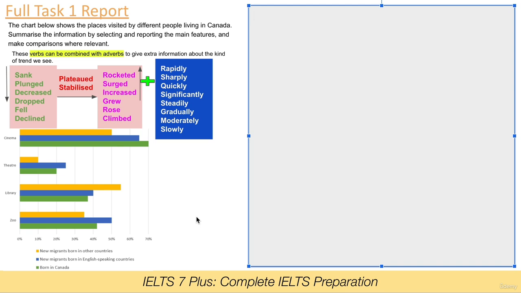Okay, we have a different type. It's a bar chart, so we can be more specific. The bar chart, the chart below shows, maybe illustrates or demonstrates the places visited. Are they all buildings, or the areas, or not so much the buildings?